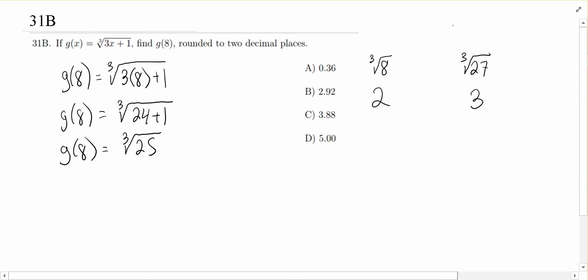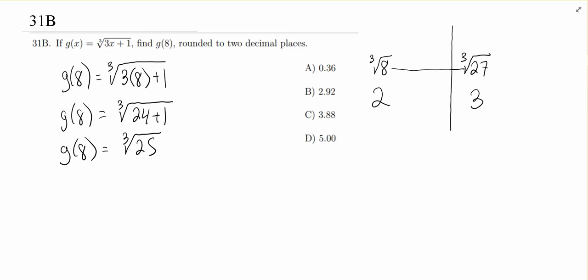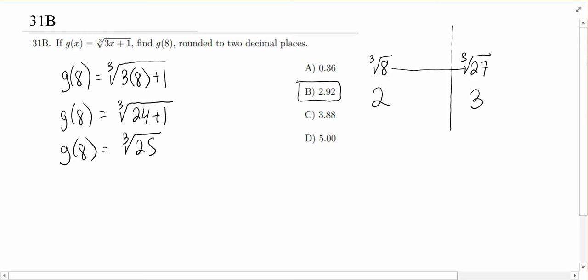And so cube root 25, if we're looking at this as a number line, should be somewhere a lot closer to cube root 27 than it is to cube root 8. So that means it should be really close to 3 as opposed to being closer to 2. So it looks like our correct answer should end up being B. Now we'll go ahead and look at doing this in the calculator as well, but even without a calculator, we should be able to get that far.